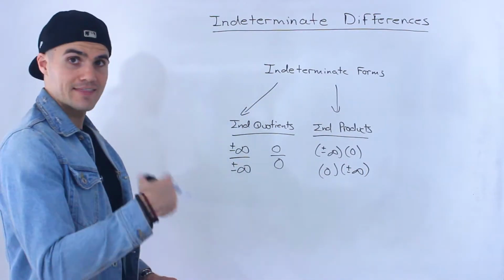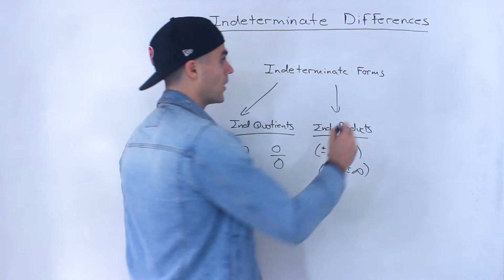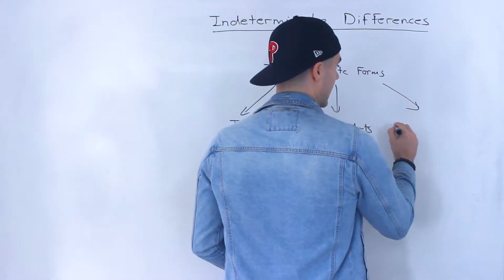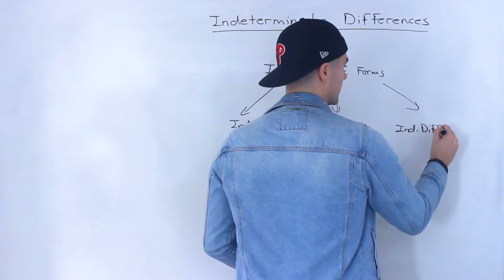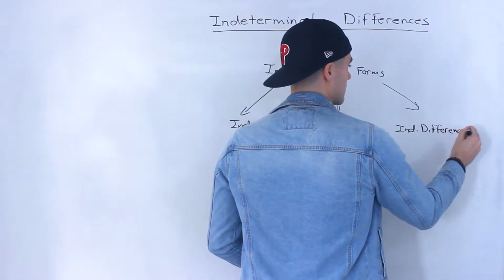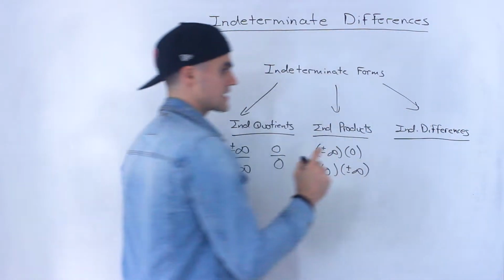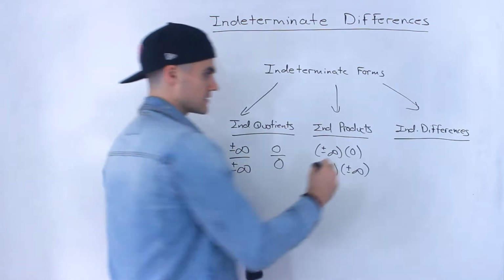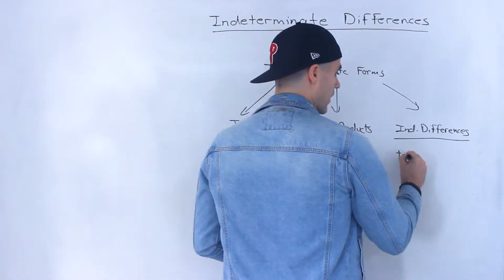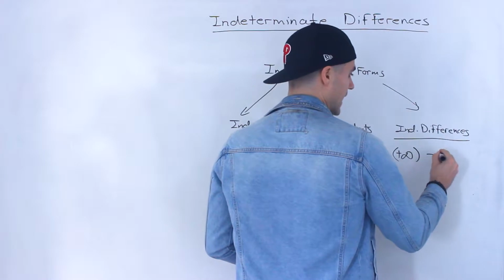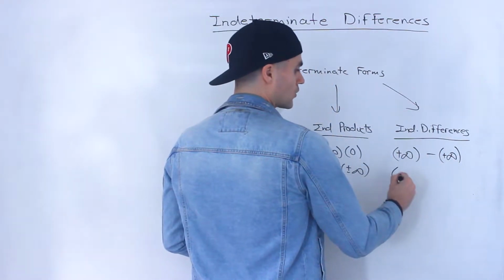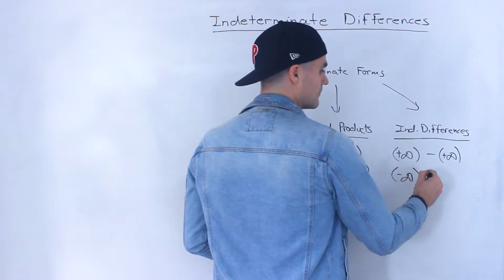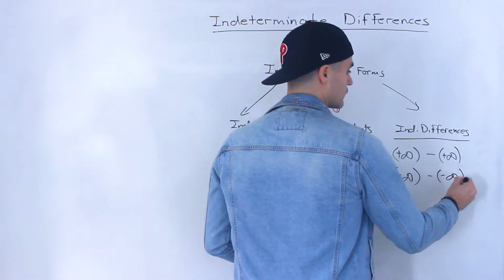And now, in this next set of videos, we're going to talk about indeterminate differences. Indeterminate differences come in one of two formats. You'll either have positive infinity minus positive infinity, or negative infinity minus negative infinity.